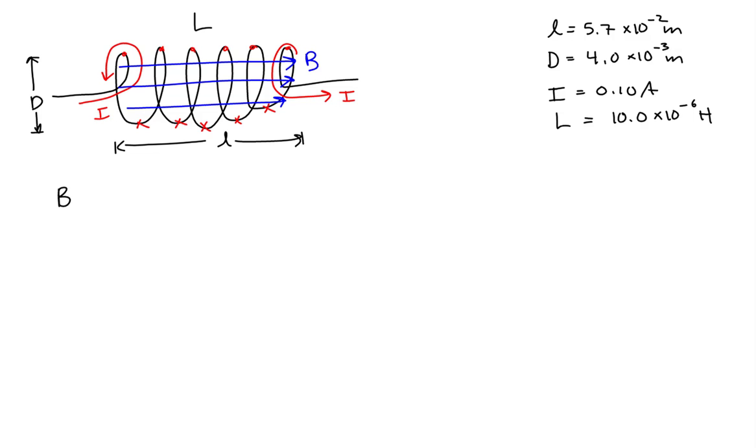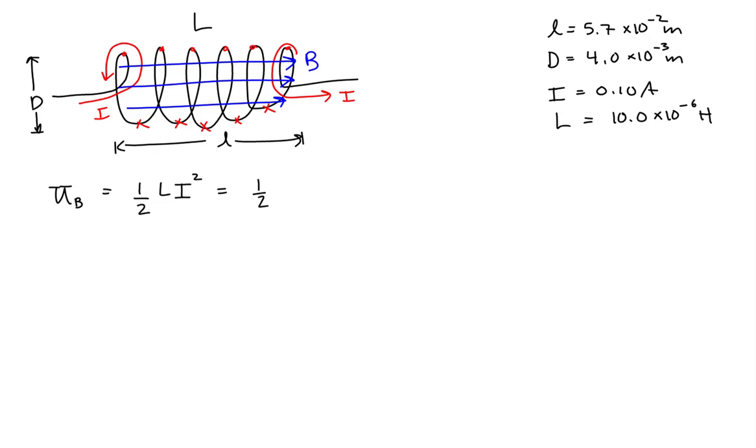And we've shown that the magnetic potential energy that is stored by the magnetic field is given as 1/2 times the inductance of the inductor times the square of the current passing through the inductor. Well, here we have everything we need to determine the magnetic potential energy.